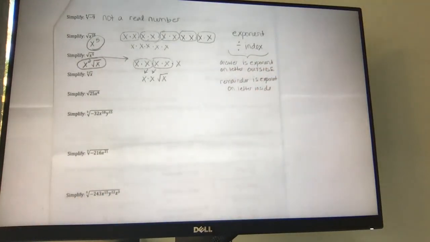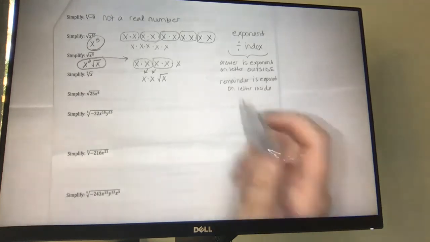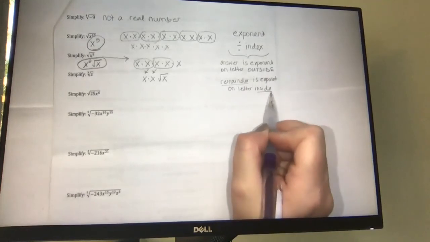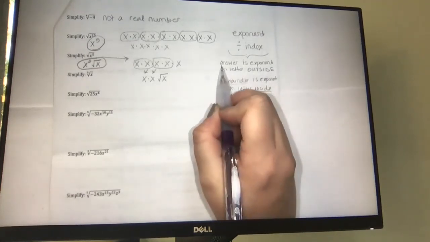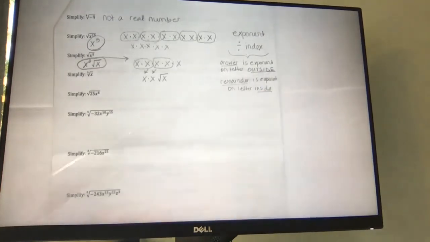That's the key. Now I wrote all that over on the beginning of the packet, but it's not written really great, so sometimes it's confusing, but it's back there at the beginning if you want it. So your remainder stays inside, your whole number answer goes outside. That's the key to remembering that.